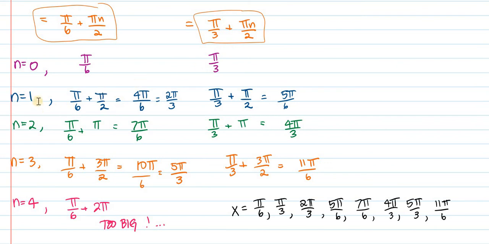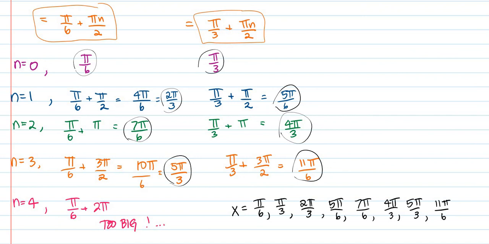Then I moved on to n equals 1, plugged that in to solve. Then I went to n equals 2, then n equals 3, plugged those in to solve. And when I went to n equals 4, I got to this point where that add-on was 2 pi. So anything I add to that is going to be greater than 2 pi, therefore it's not part of our solution. So our answer actually has 6 different parts, and they're all listed here.